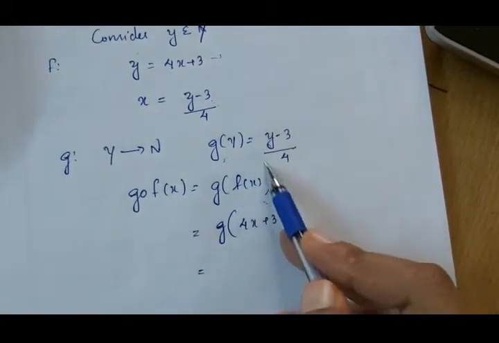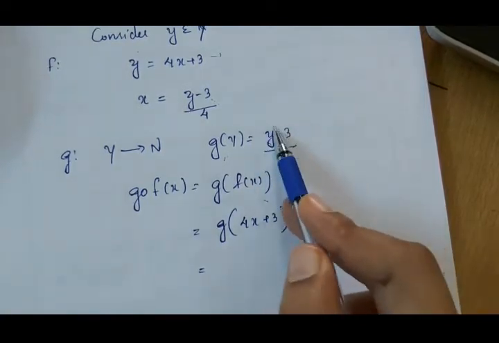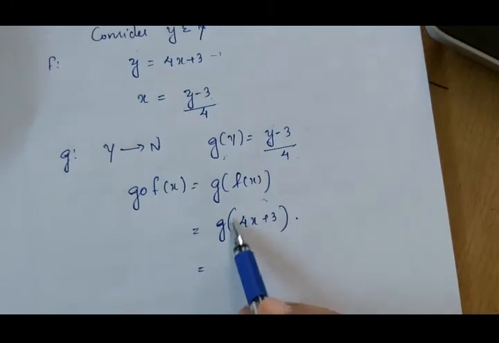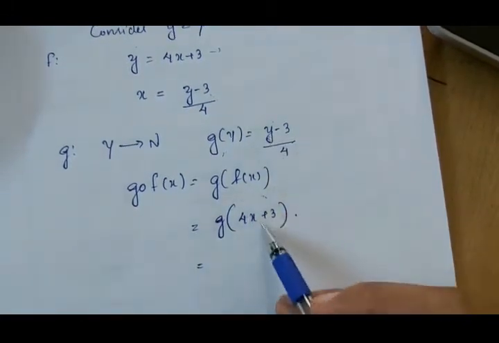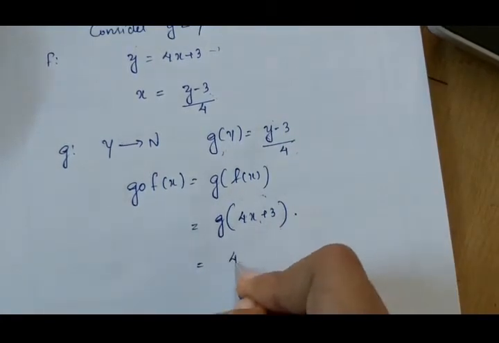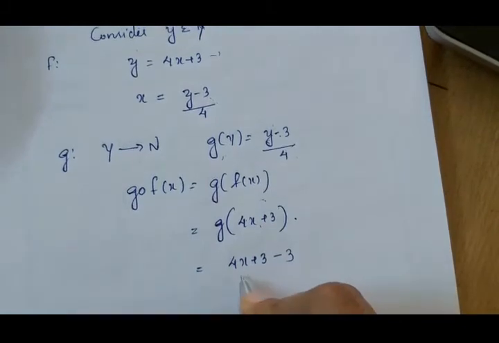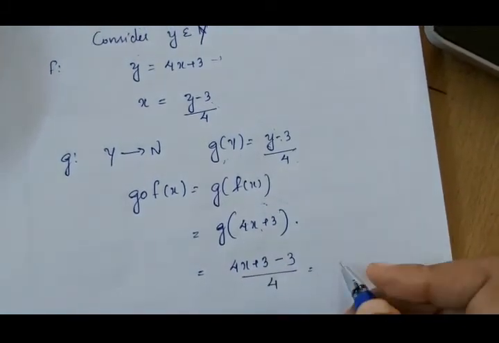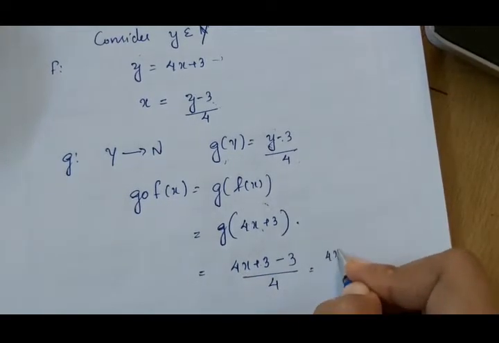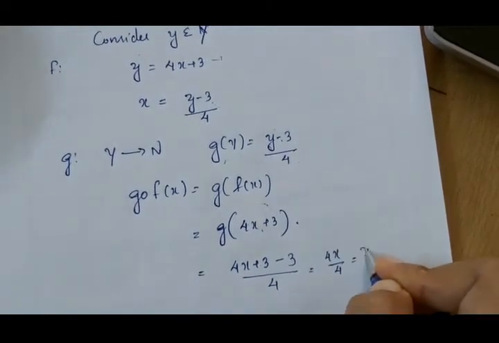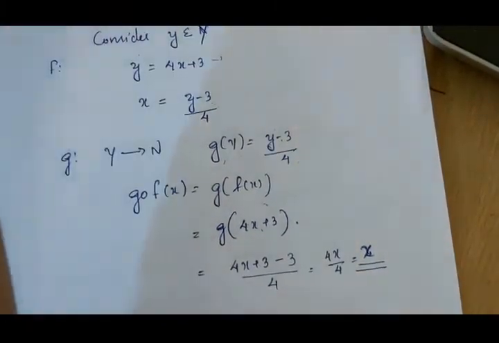Here the y value is 4x plus 3. So 4x plus 3 minus 3 divided by 4, plus 3 minus 3 is 0, 4x divided by 4, which is equal to x.